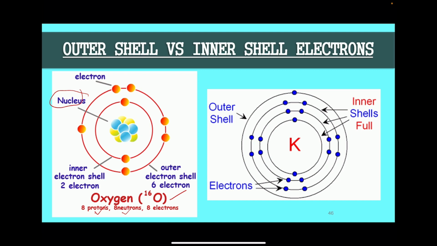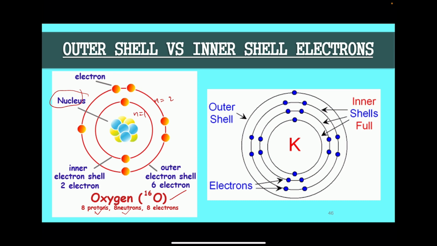Dekat inner shell and outer shell, of course, ada elektron. So, elektron yang located pada inner shell, kita namakan dia sebagai inner electron shell. While for the electron yang berada ataupun located at the outer shell, we call it as outer electron shell. Okay, for example, electron, since dia cuma ada 2 elektron, N1 and N2, N1 we call it inner shell, and N2 we call it outer shell.